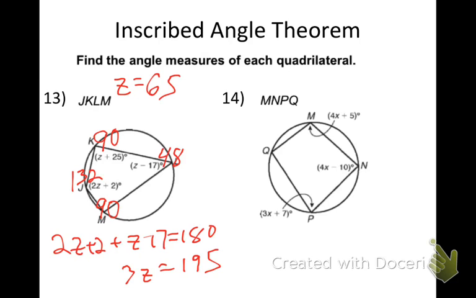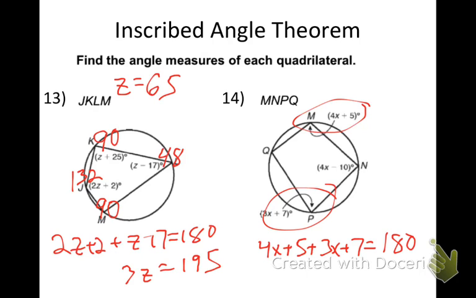Number 14. Which angles do you have to pair up together, Tom? M and P. Nice job. So I'd say 4x plus 5 plus 3x plus 7, and I set those equal to 180 because they're supplementary. So I get 7x equals 168.